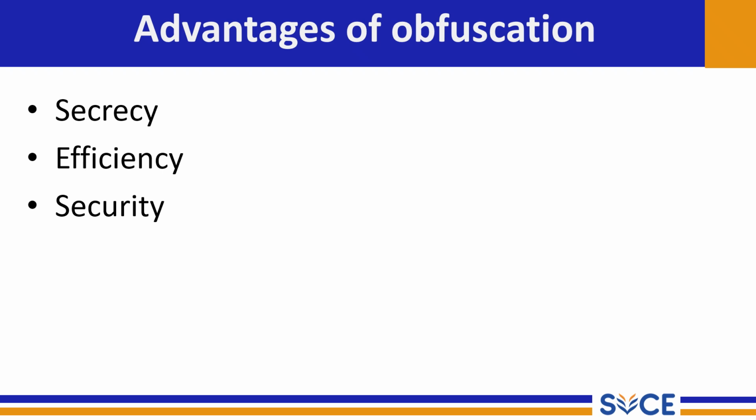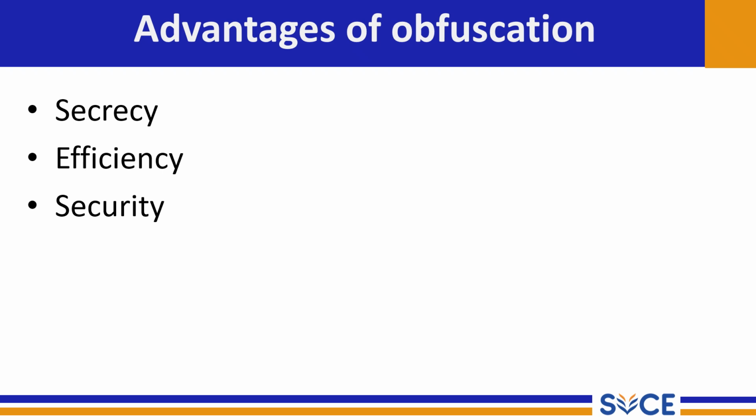This is an advantage for legitimate organizations looking to protect sensitive information and code from competitors and attackers. On the other hand, bad actors also capitalize on the secrecy facilitated by obfuscation to hide their malicious code, evade security tools, and launch successful cyber attacks.